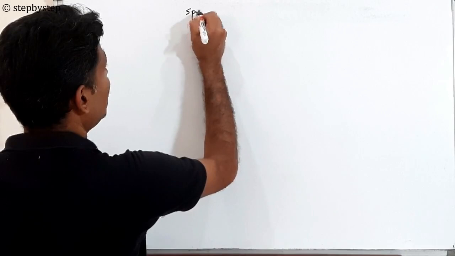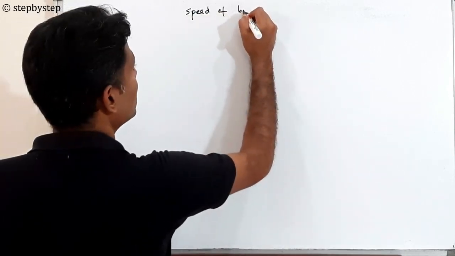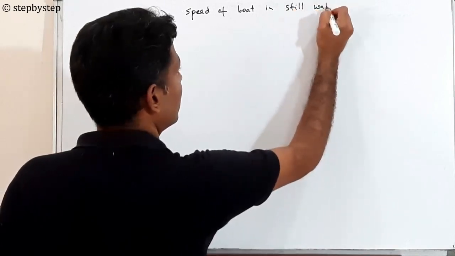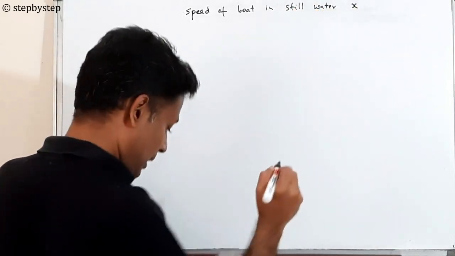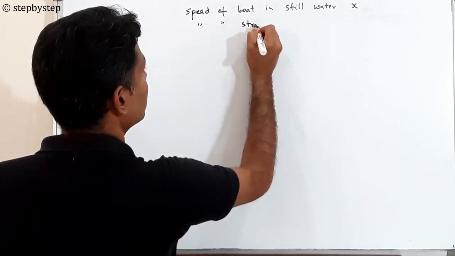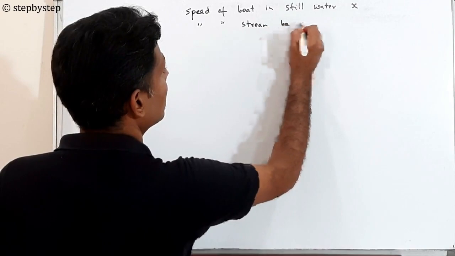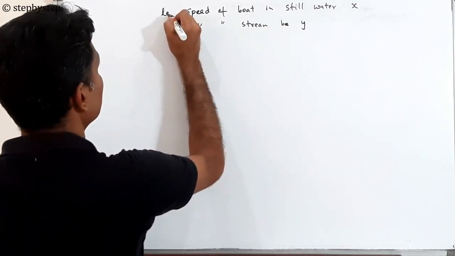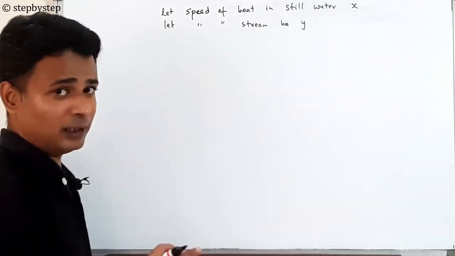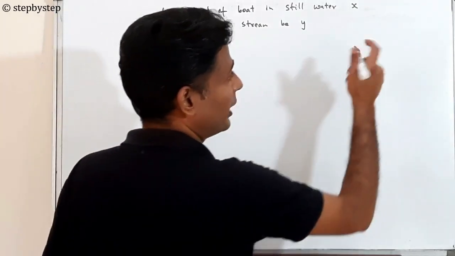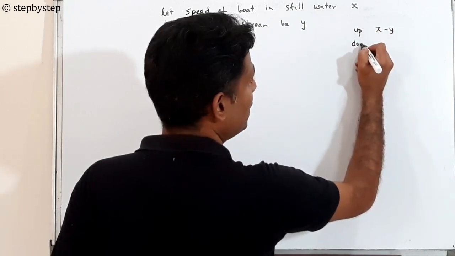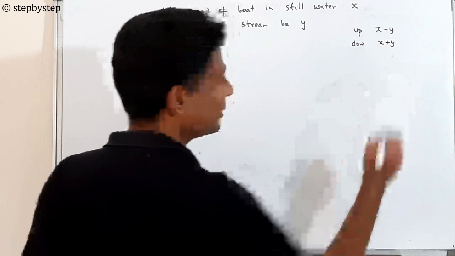So speed of boat in still water, let it be X, and speed of stream be Y. Alright. Now if you remember this kind of problems, when it is going upstream, what is the net speed? X minus Y for upstream, and for downstream, net speed is X plus Y.